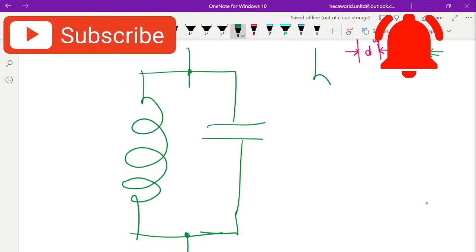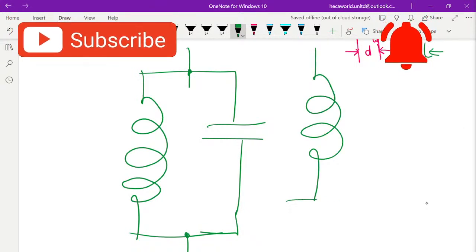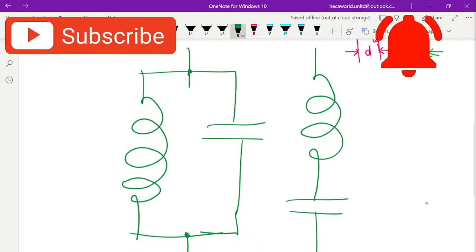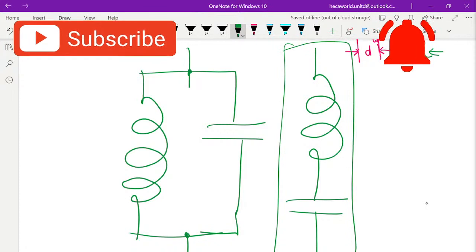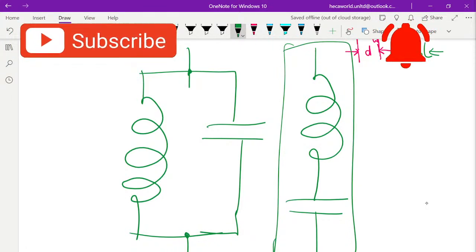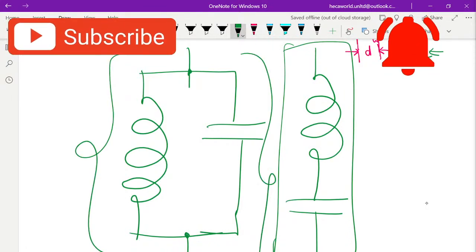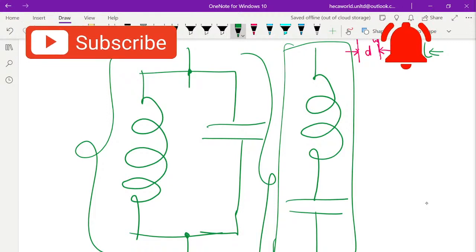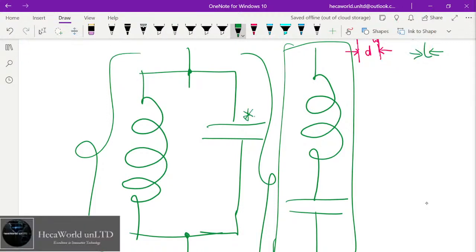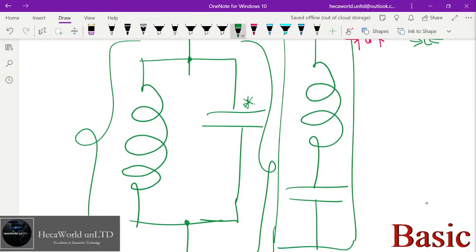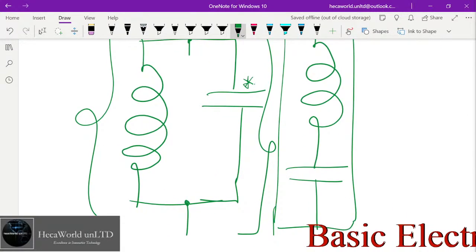Of course, it goes without saying, series resonance then is this way. But we're going to concentrate on parallel resonance today. So this is what we built yesterday.